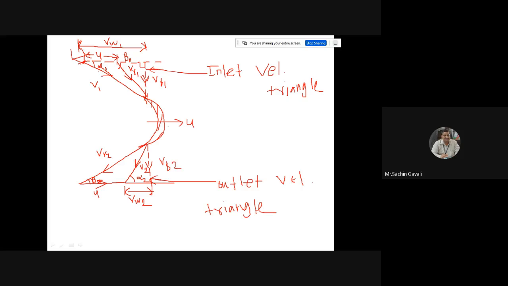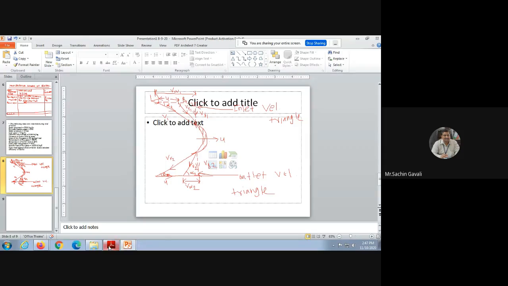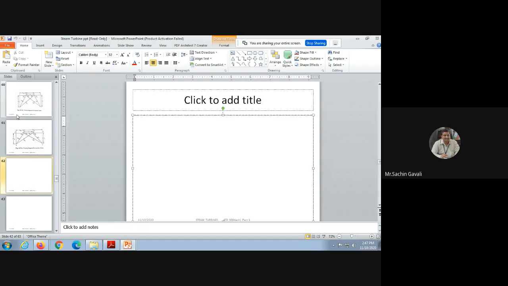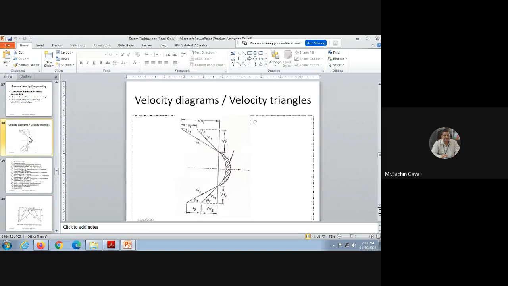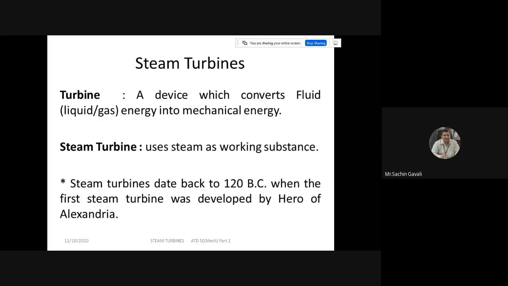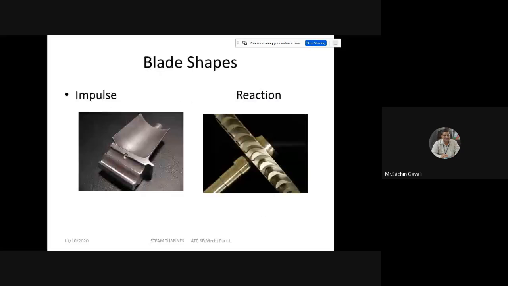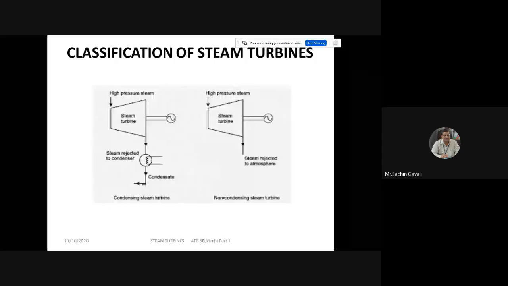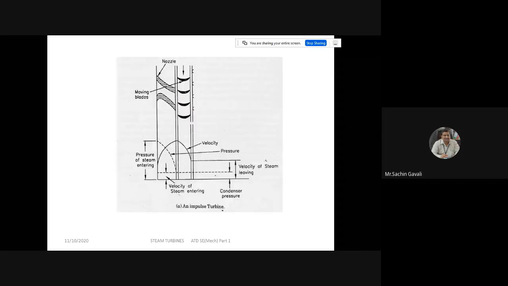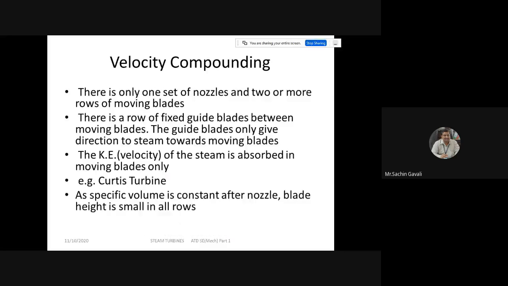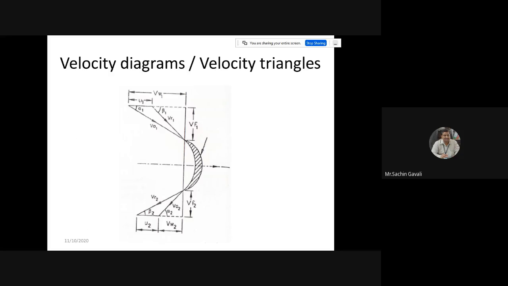Now I will go to our printed diagram. I will repeat once again.